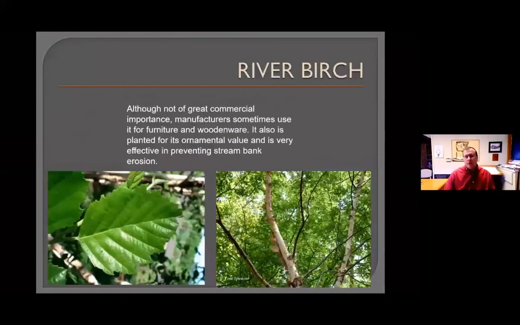River birch. We have some of these in our parking lot, which is not the best place for them. As the name says, river, they need consistently moist soil. You see these oftentimes in people's front yards, not the most ideal place for a river birch. But I love the exfoliating bark.